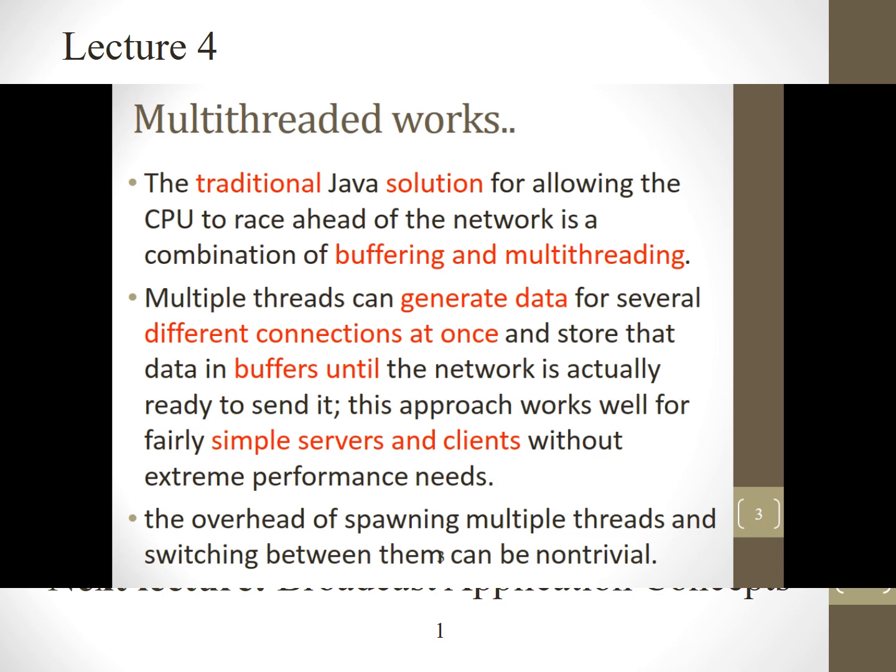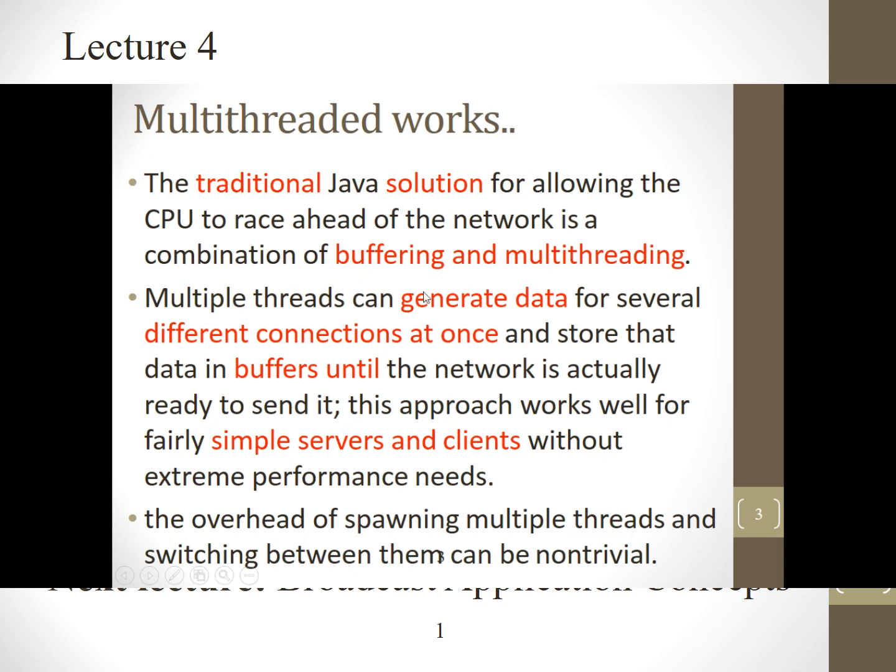They said here that the traditional Java solution for allowing the CPU to race ahead of the network is a combination of buffering and multithreading. In other words, in order to make the CPU race ahead of the network, how do we do that? We achieve that with the combination of buffering and multithreading.